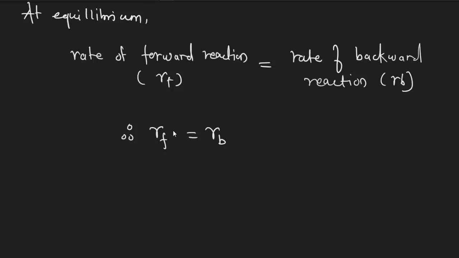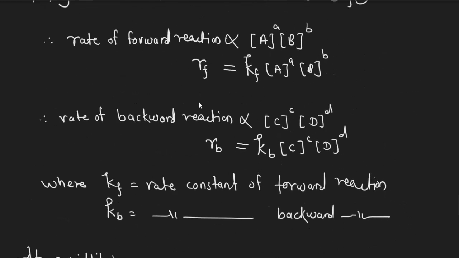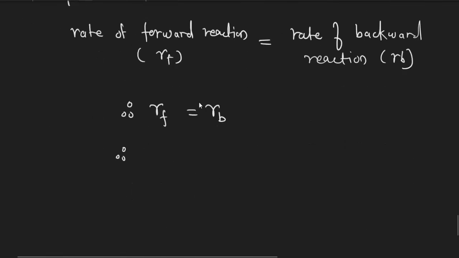Now let us write the meaning of Rf. Rf is Kf into the product of the molar concentrations of the reactants. Rb is equal to Kb into the product of the molar concentrations of the products, where Kf is the rate constant for the forward reaction and Kb is the rate constant for the backward reaction.